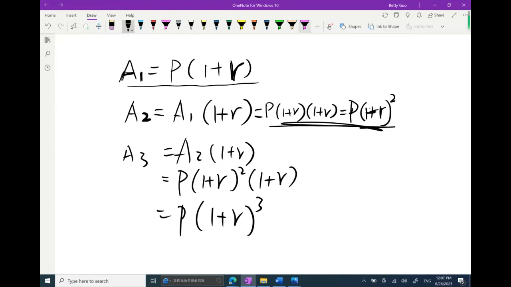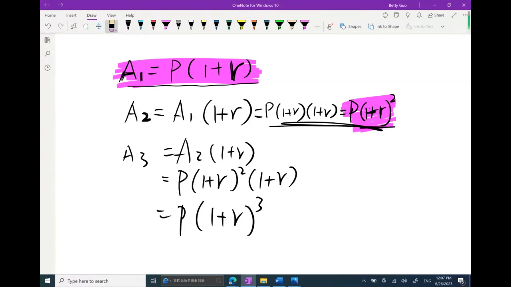Okay, let's look at the formula here. We are talking about compound interest. The interest is compounded annually, let's say at the end of every year. So at the very beginning, your principal is P. By the end of year 1, this is how much money you have. By the end of year 2, this is how much money you have.